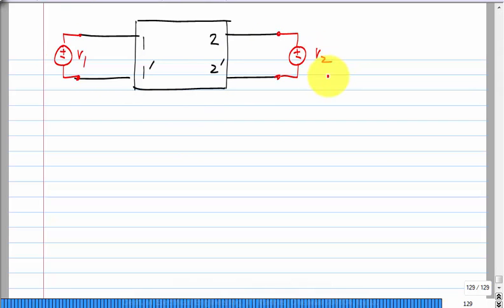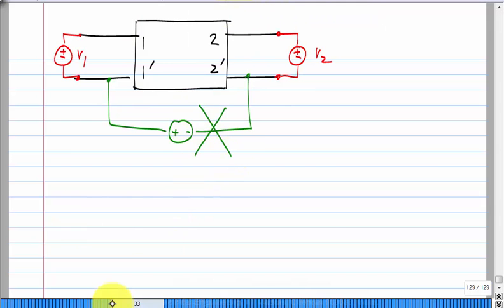Don't treat it as some arbitrary 4-terminal device. You are not allowed to do things like this. You shouldn't connect one more input like that. If it is a 4-terminal network, you can do it, but in a 2-port, the definition means that you apply the input between 1 and 1 prime and 2 and 2 prime. So this cannot be done.